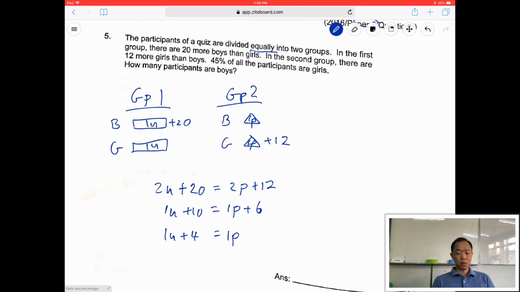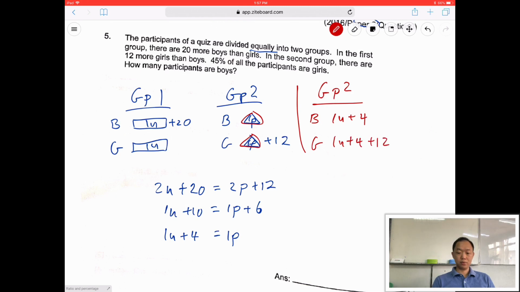Okay, so 1 part is 1 unit plus 4. So what I want to do is to convert all the parts to units. I'm going to write group 2 one more time. Convert everything to units. Okay, so B, 1 part is 1U plus 4. And then G, 1U plus 4 plus 12. Okay, so this is 1U plus 16.